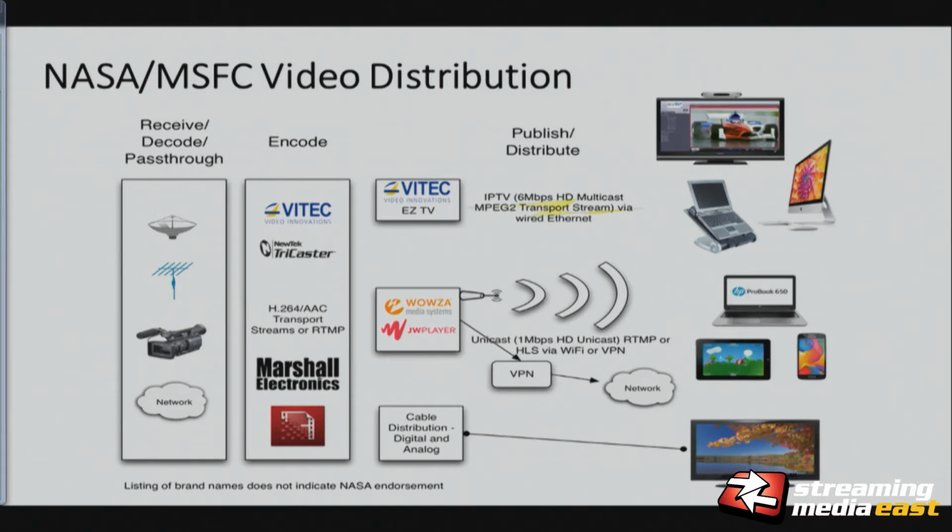We have multiple different sources, satellite, antenna. We have the locals on a must-carry letter. We agreed with them, so they let us distribute internally. Stuff we capture ourselves, as well as network sources, including content from other centers.